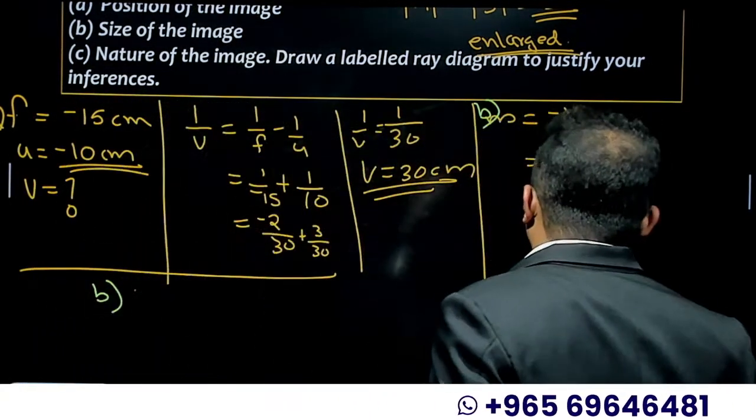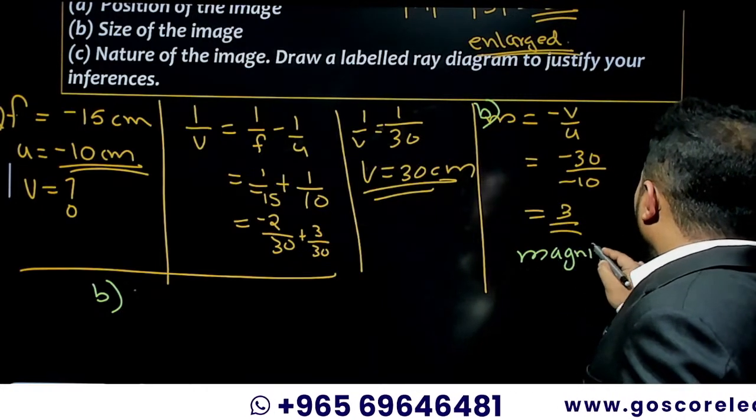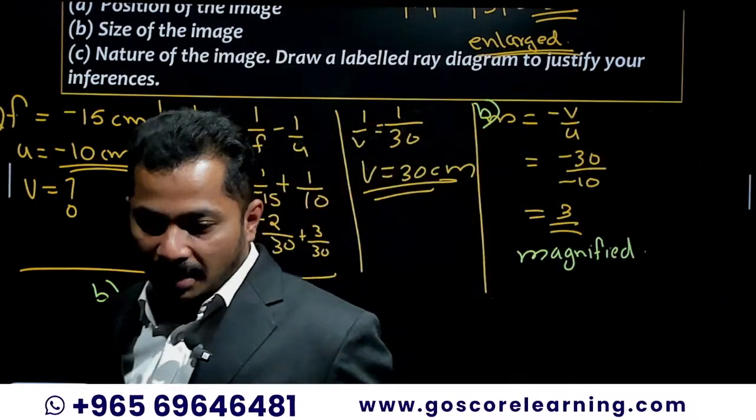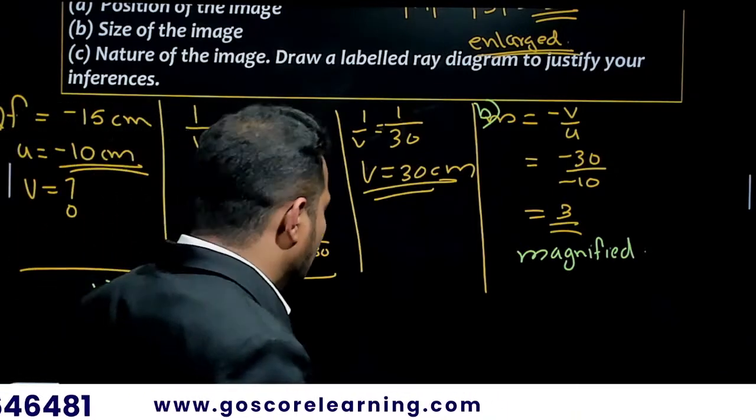So m is equal to 3 that you have got, so the image is magnified. Because the height of the object is not given, we can only comment that it is a magnified image.